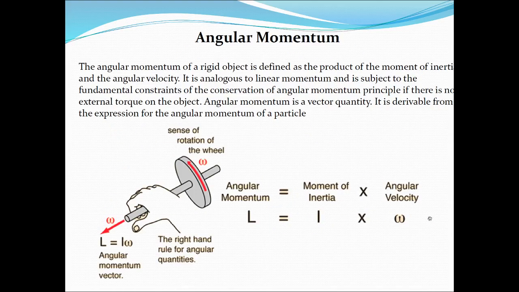This is also a slide for you to review. It is on the existing slide that I gave you before, but you may refer back. In this topic, the angular momentum L is equal to the moment of inertia times the angular velocity, I times omega.